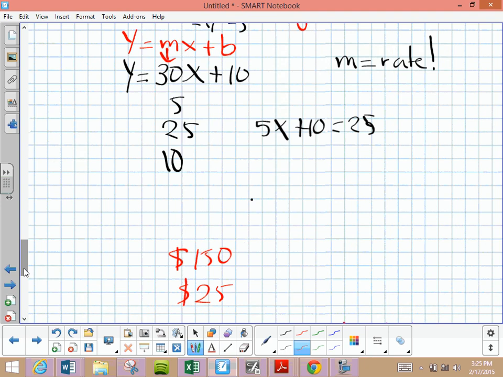So let's pretend that I charge $150 per hour when I go over there. But my transportation cost, meaning the driving over there, the Starbucks so I can stay awake with them, and all those little things, I spend $25 on that. What would be the equation?